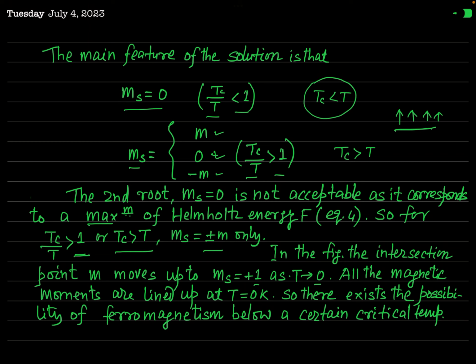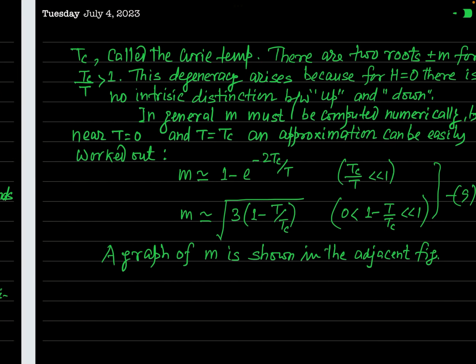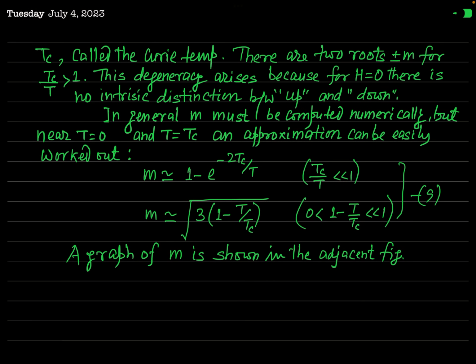Okay, and you can say that there exists the possibility of ferromagnetism below a certain critical temperature, and that very critical temperature below which there is a probability of existence of ferromagnetism is called Curie temperature.